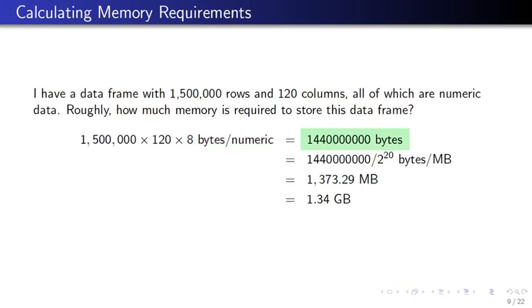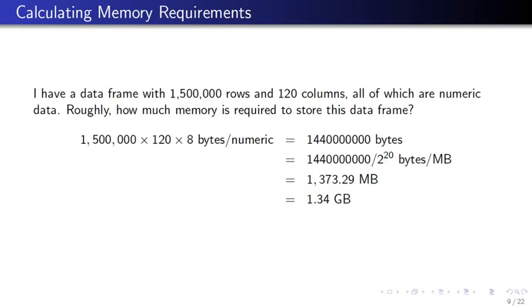There are 2 to the 20 bytes per megabyte, so I can divide the number of bytes by 2 to the 20, and I get 1,373.29 megabytes. Then I can divide that again by 2 to the 10 to get gigabytes, so it's roughly 1.34 gigabytes. The raw storage for this data frame is roughly 1.34 gigabytes.